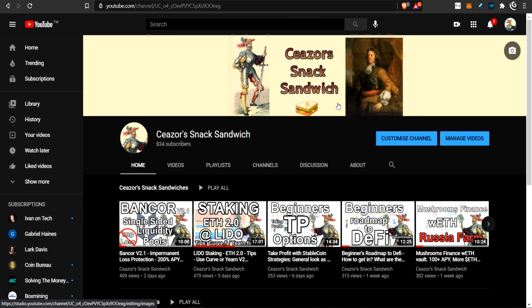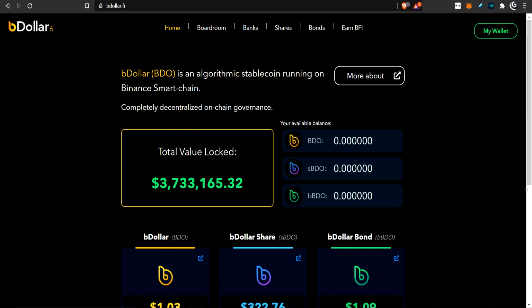Okay, so before we can get into understanding what these vaults do, we should probably understand what the underlying protocol is and what it does. So let's swing over to their website and I'll give you a quick idea. So here is the protocol that it is farming. It is bDollar FI. It's an algorithmic stablecoin producer, and there's a lot to it.